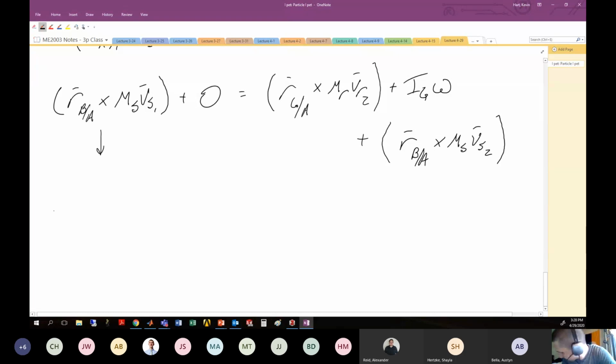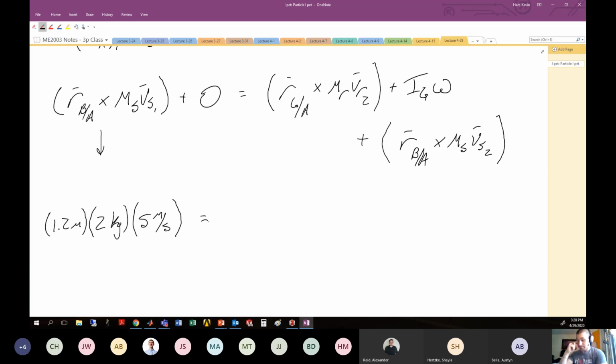Position vector which locates B from A, we know to be 1.2 meters, multiplied by the mass of the sphere, given as 2 kilograms, multiplied by the initial velocity of the sphere, given in the problem, 5 meters per second.